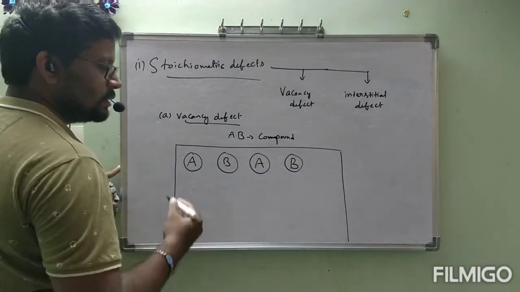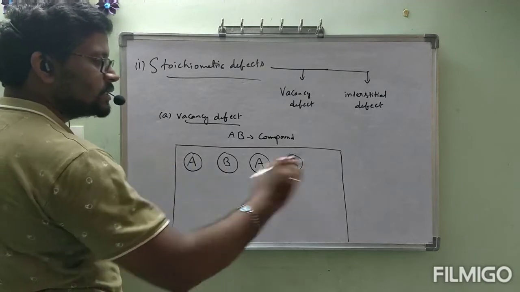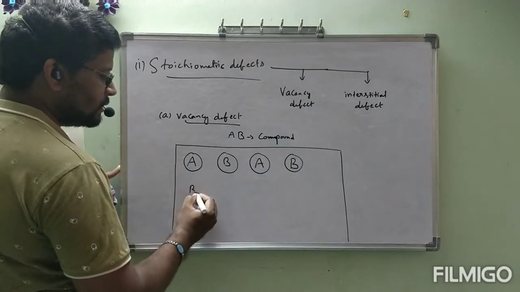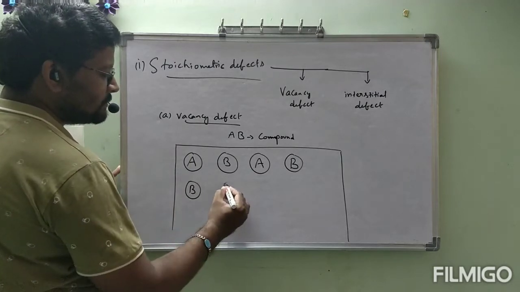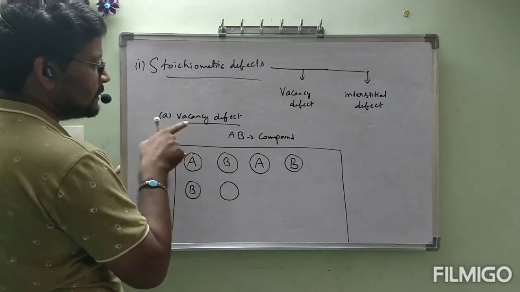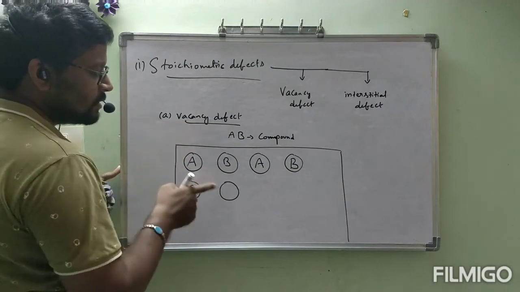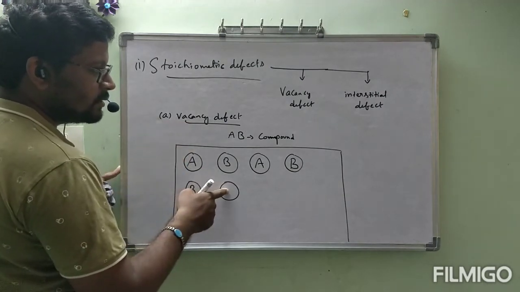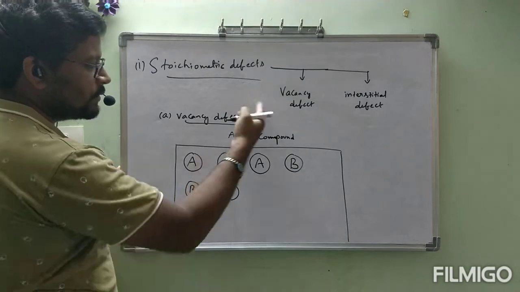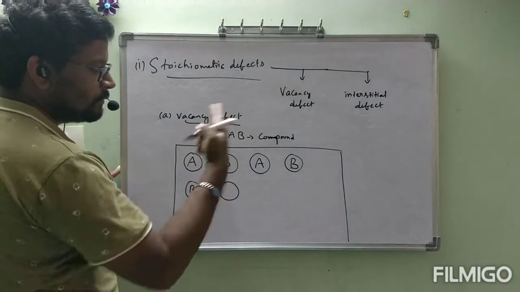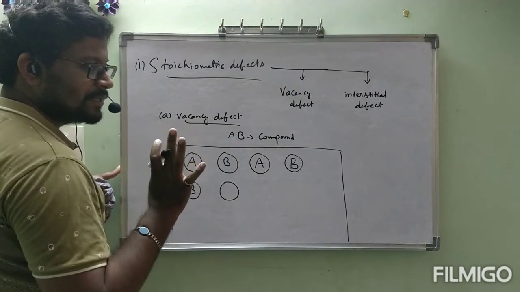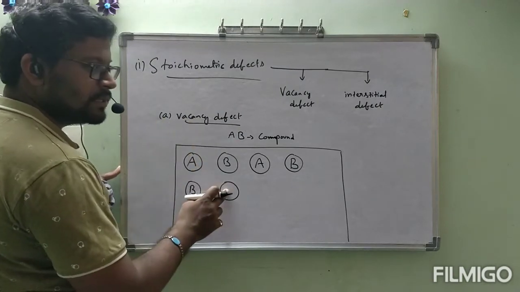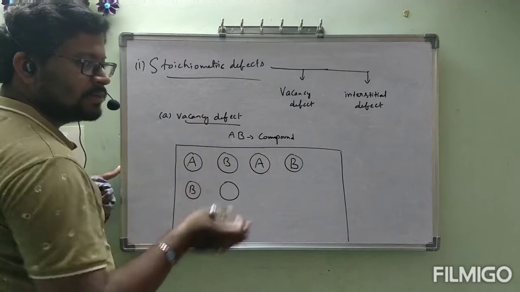This crystal contains these particles, and it continues in this way. Again here B particle, now A particle is missed. Vacancy means one of the particles will be gone out, meaning the site is left vacant. Actually here A must be there, but that A has gone out.